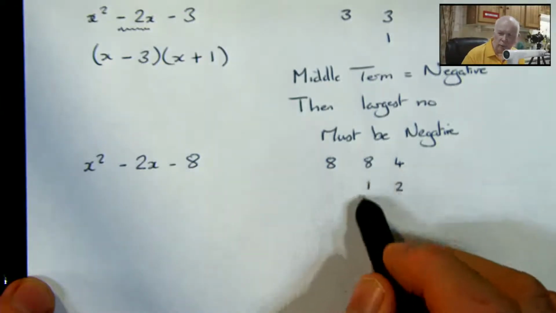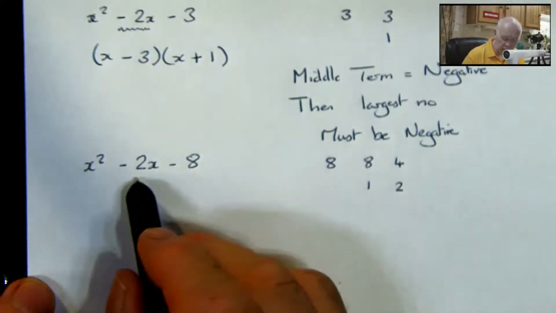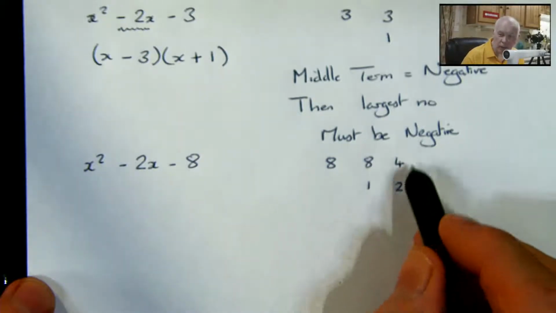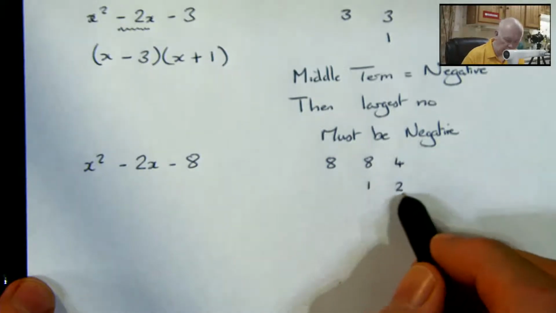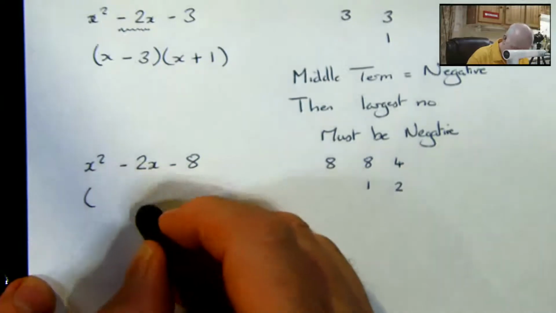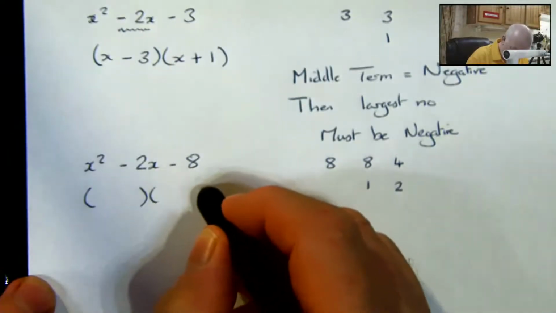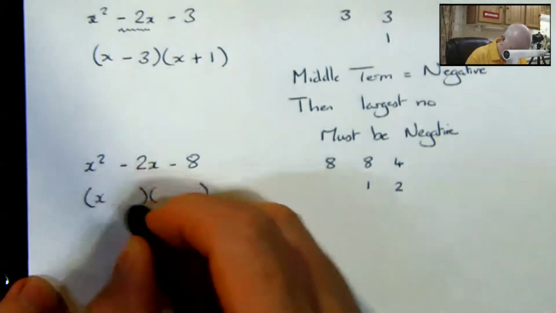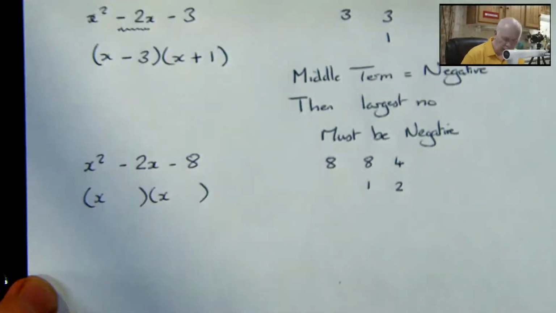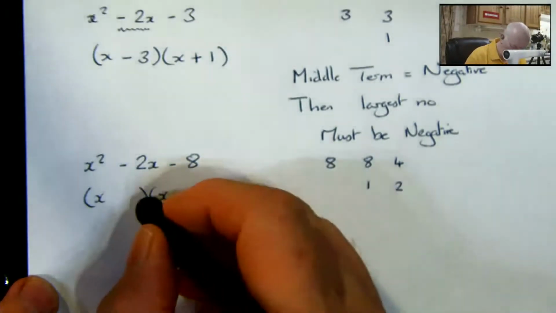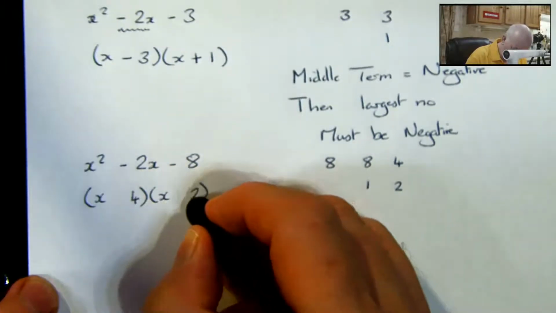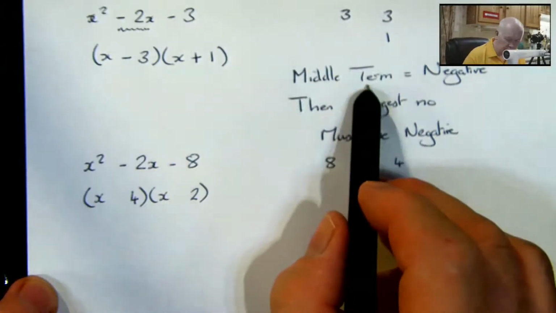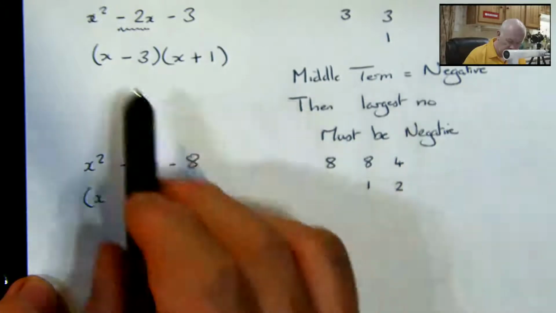Well, 8 and 1 I can't do much with to make a minus 2, but I can cope with a 4 and a 2. We'll draw out our brackets again, put in our x's, and now we can put in our terms, 4 and 2. The middle term is negative, yep.